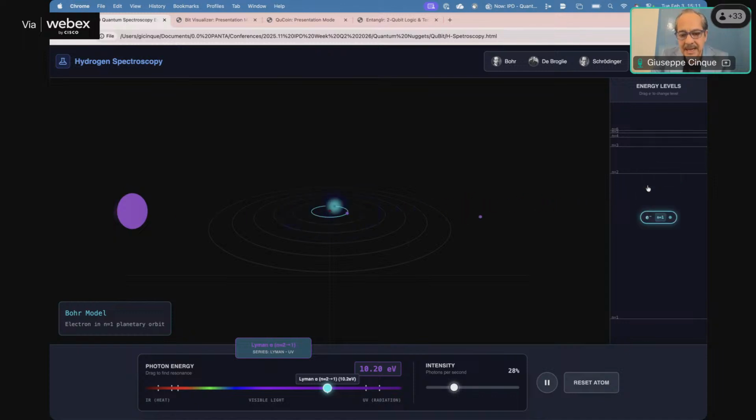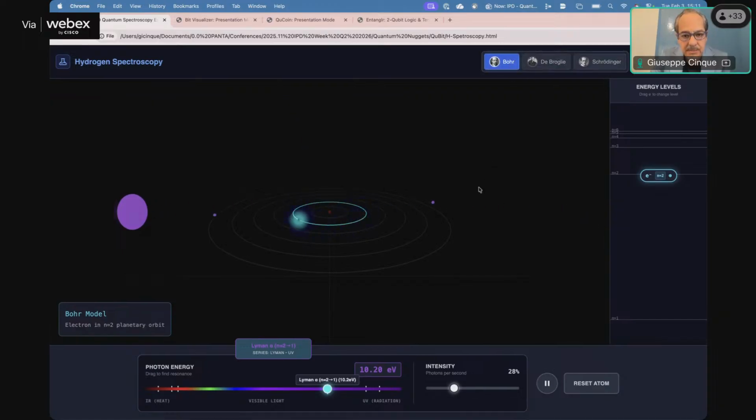But then these excited energy states cannot be sustained, so the atom re-emits a photon and goes back to the original state. So this concept of quantization of energy was playing a role also in the mechanics of the atomic system. And so this is the Bohr interpretation of the model.